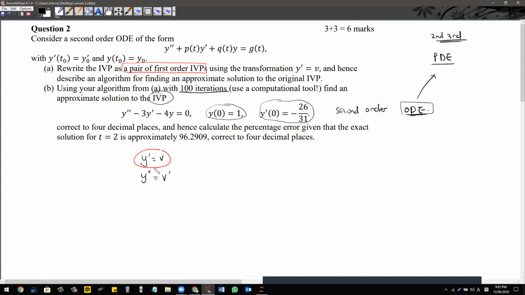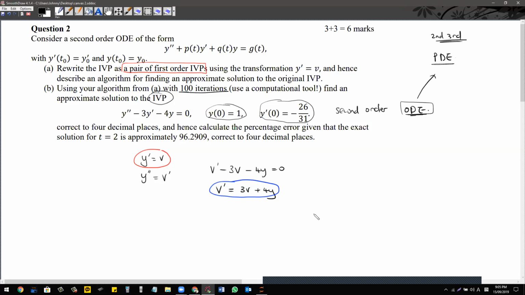So that's our first equation, and then you differentiate that and plug it in here. Then you get v dash minus 3y dash is v, minus 4y equals 0, and then v dash equals 3v plus 4y, and this is your second equation, okay? That one and that one.